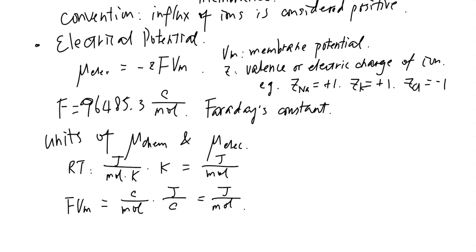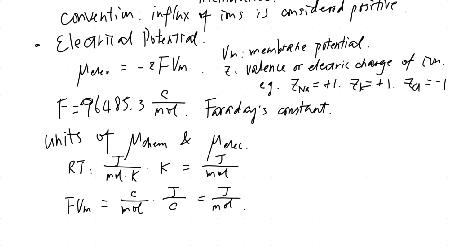And if they have the same dimension, then they can physically be added together or combined to give you a new quantity. The chemical potential follows the concentration gradient, while the electrical potential follows the electrical energy. For ions across the cell membrane, both are factors that affect the direction of ion flow. It's about which one is stronger, so you need to consider the sum of these.